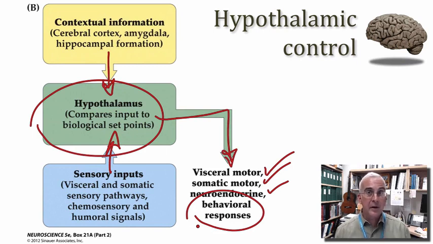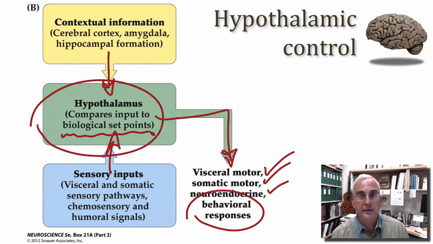One important concept in hypothalamic control that we're still trying to understand is this notion of biological set points. So this integration of context and sensory signal is referenced to some measure of homeostatic set point. Now, we don't really understand this concept as it's played out in neurobiological terms for very many of the systems that are coordinated in the hypothalamus, but we suspect it's a common mechanism.